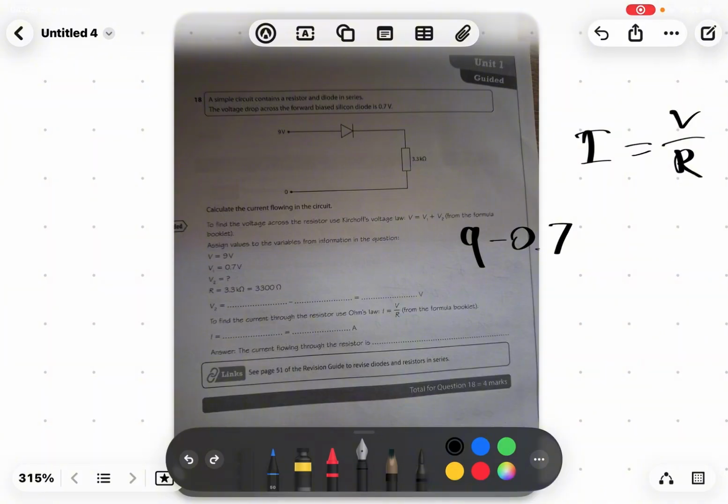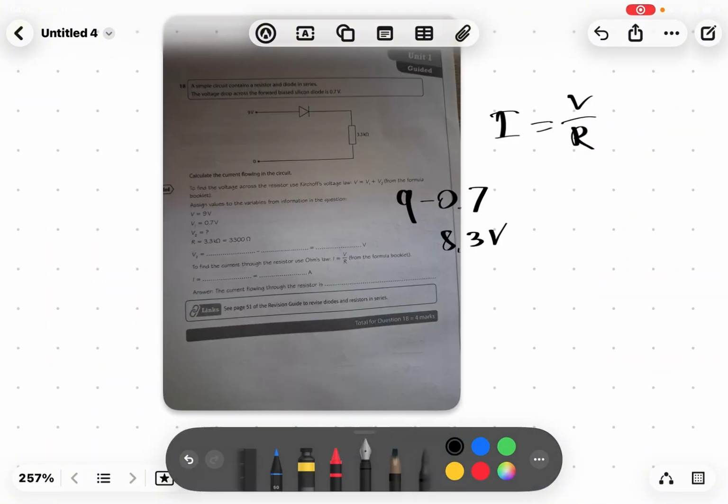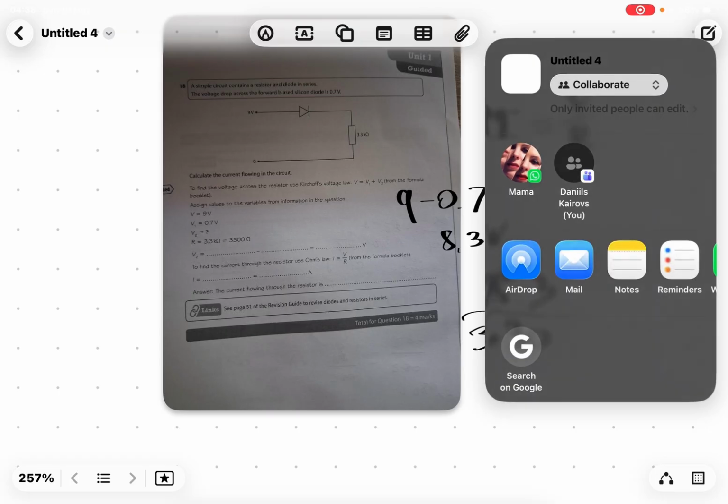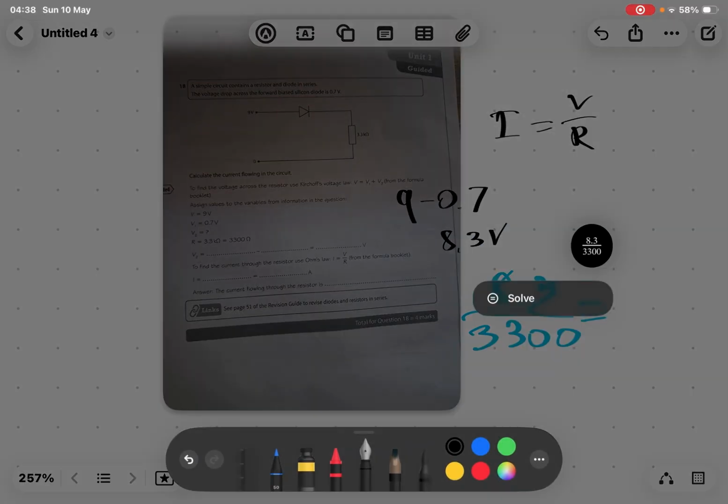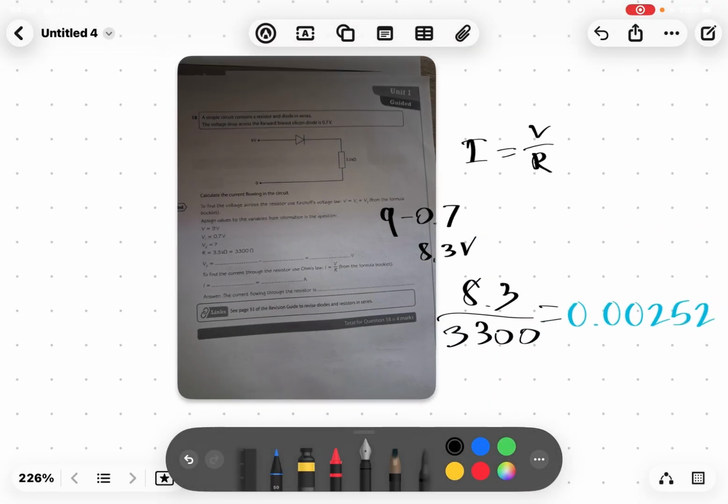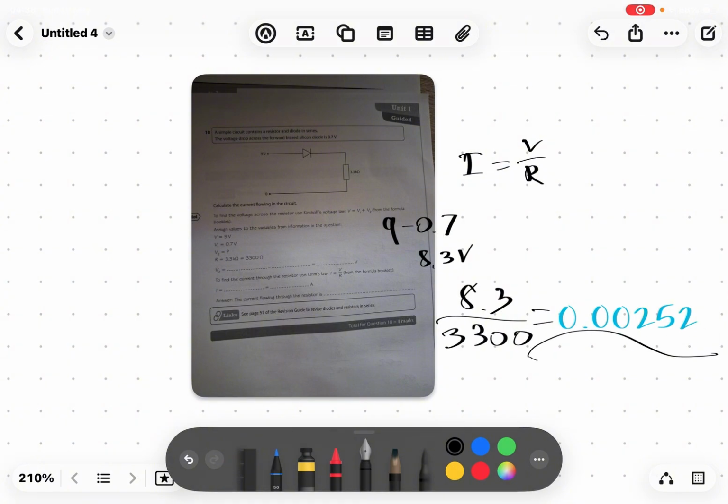So the second is 8.3 volts, and then we use this in Ohm's law over here, 3000, because we convert it from kilo. And then the answer of this, we could literally just do it. So this is the answer, and it will be in amps.